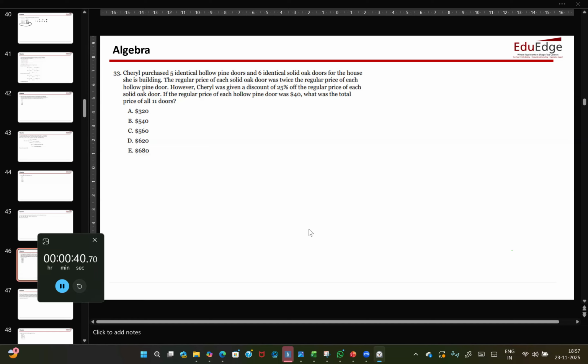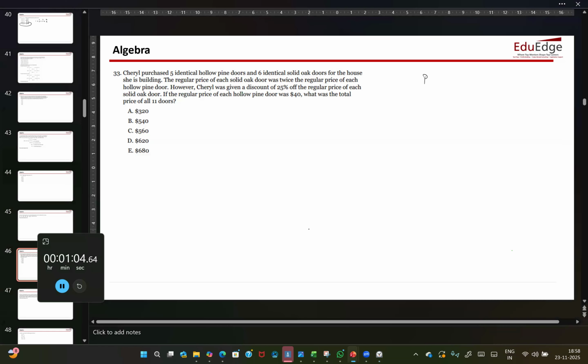Which one will find was 40? How much? 40. 4 is 60. 6 is 36. 560. C. C, 560, right?